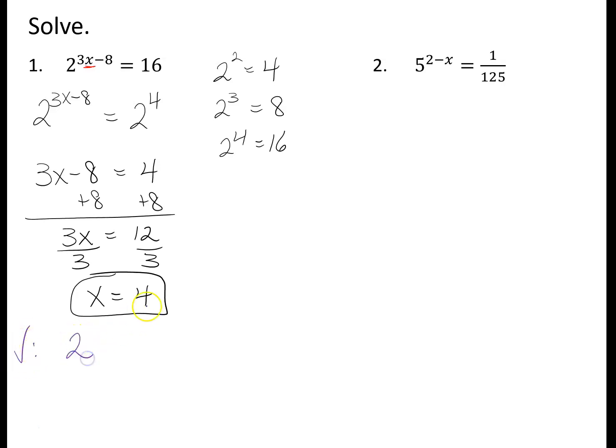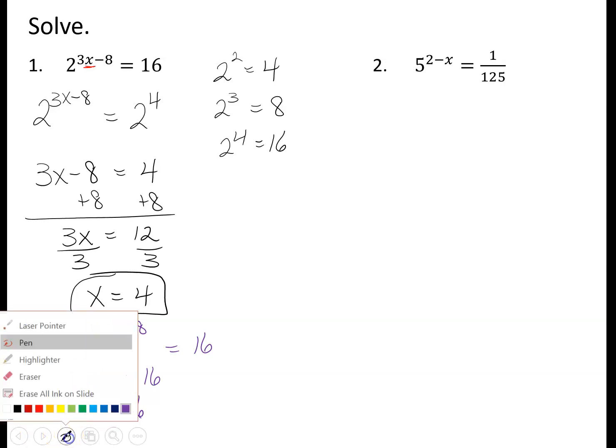I'm going to plug 4 back into my original equation and work out that left side. In the exponent I'd have 12 minus 8, which would be 4. And if I calculate 2 to the 4th, I get 16. So it makes the equation true. Therefore, 4 is the correct solution.